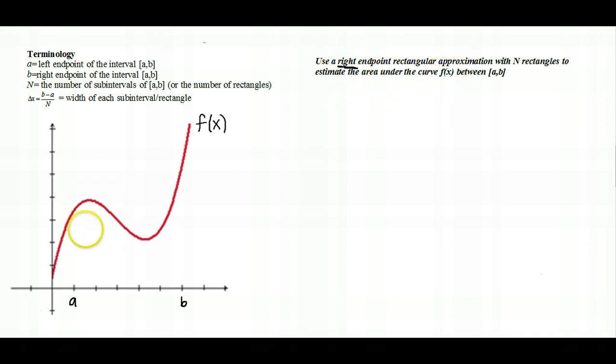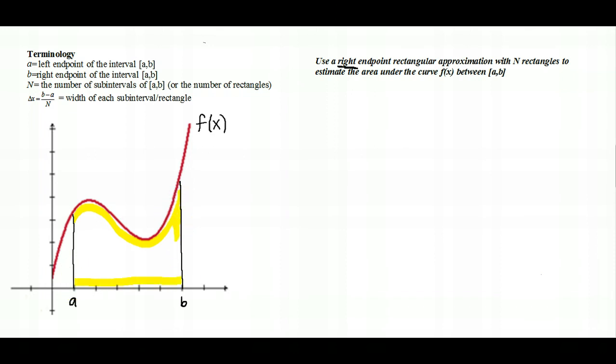The area we actually are trying to find is the area between A and B, bound by the function and the x-axis. So I will go ahead and highlight that area. I'm interested in finding the exact area under the curve, so this yellow portion here.